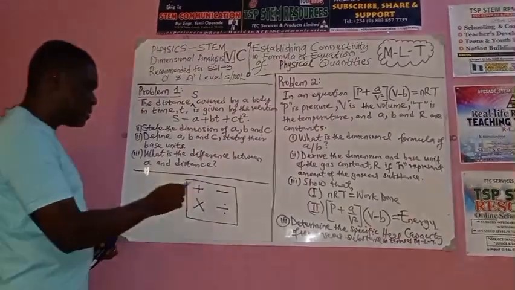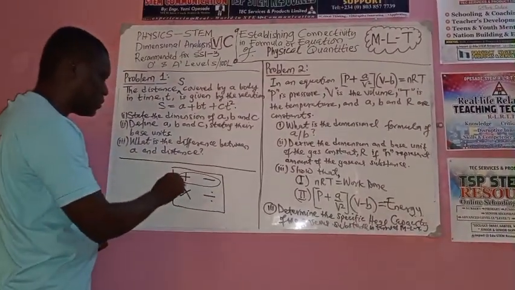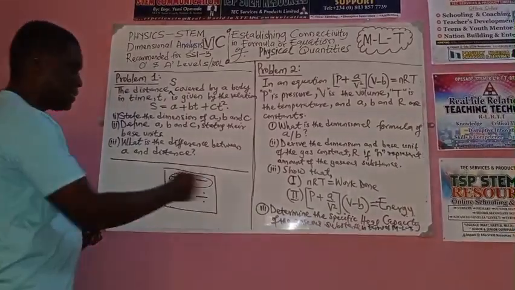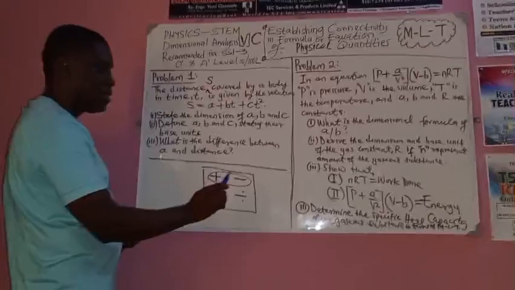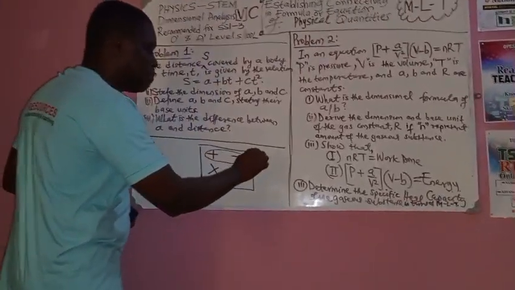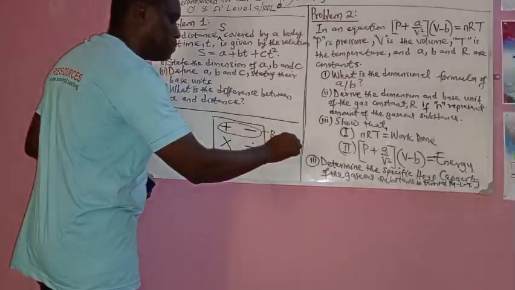And so you will notice that these first two, addition and subtraction, are connected. When two things are connected by addition and subtraction, there is a very strong bonding that exists between them.